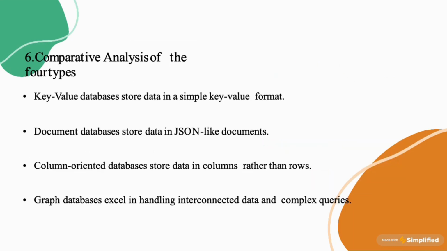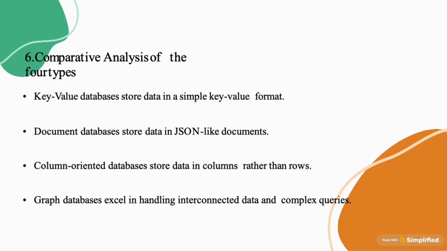So moving to the seventh slide of our assignment, here is a comparative analysis of the four types. Key-value database storage is in a simple key-value format, making them efficient for quick lookup but limited in complex queries. Secondly, the document database stores data in JSON-like documents, offering flexibility in data structure but potentially slower query performance.